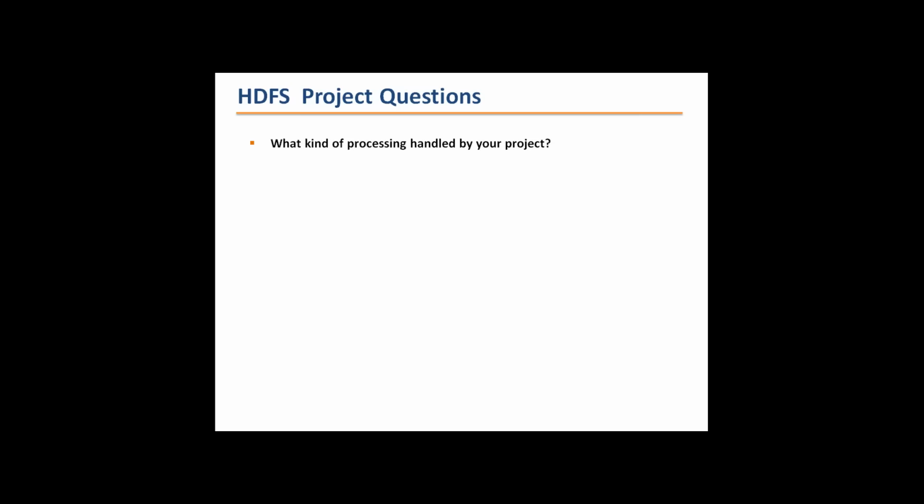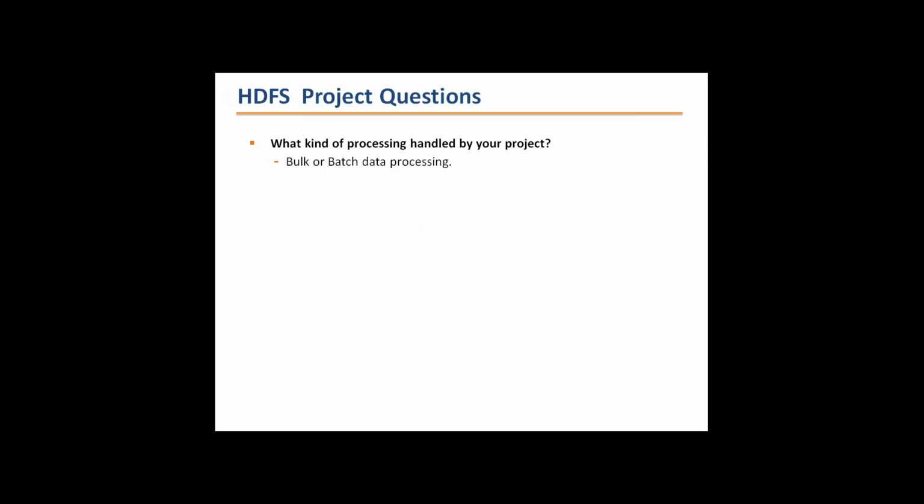Okay, what kind of process is handled by your project? Maybe this will not be meaningful, but by seeing the answer you will get clarity. Whatever use cases we have shown till now, we are doing bulk processing only. The latest demand, some companies' latest R&D, is on streaming processing, with tools like Spark Streaming, Storm or Kafka.